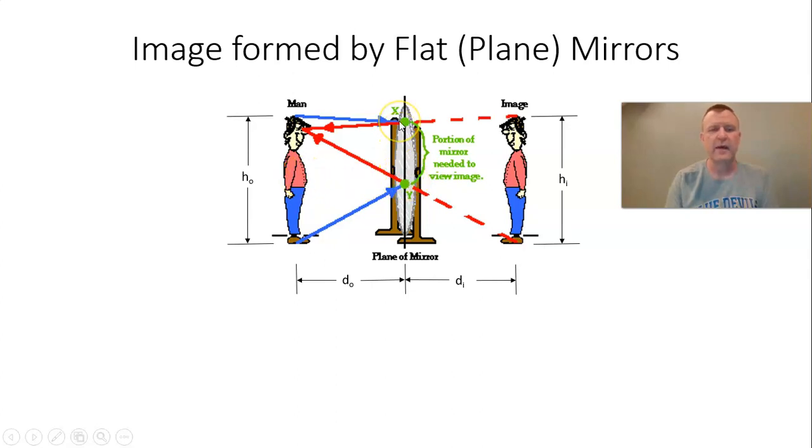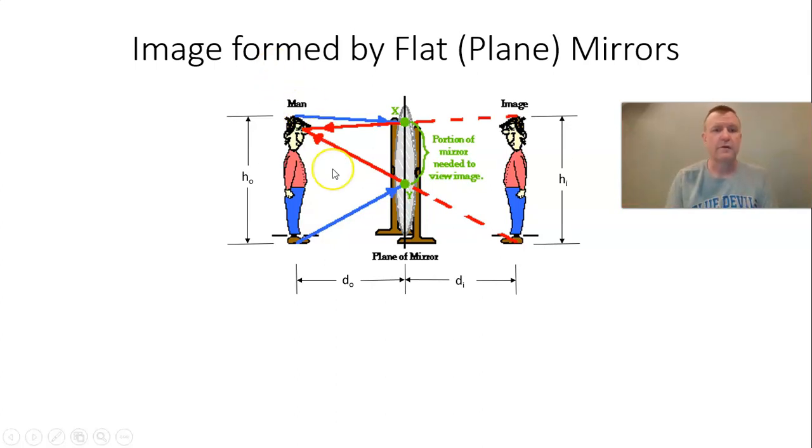And then the point X is halfway between the top of the guy's head and his eyeball. So if you add that up, you only get half the person's height. Okay, you get half of the height from here and half of the height from there. So that's half the total height. It's like if you were looking through an open window and your identical twin was on the other side of that. It'd be possible to see their whole image, and you would just need that window space there.